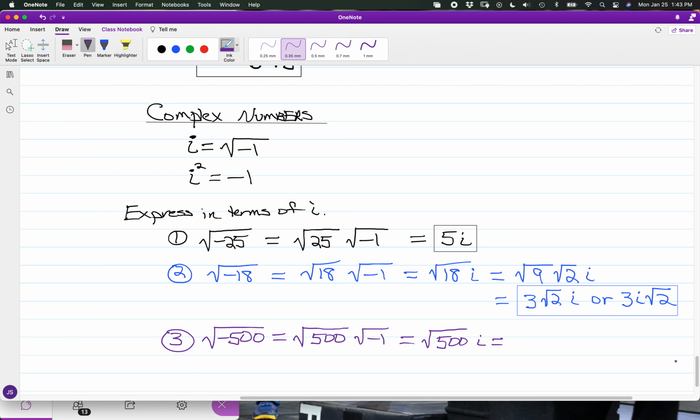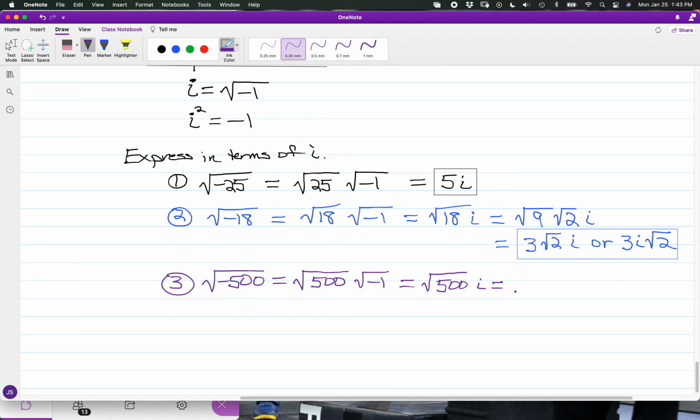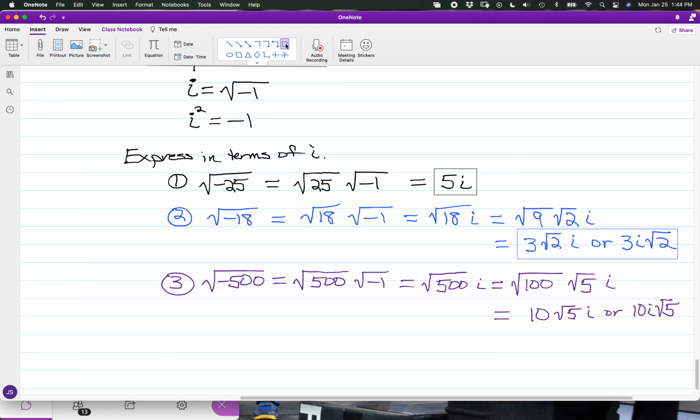For 500, not a perfect square number, but it does have several perfect square factors, and the highest of which is going to be 100. So the square root of 100 becomes 10. We have times the square root of 5 times i, and that becomes 10 times i times the square root of 5, or 10 times the square root of 5 times i.